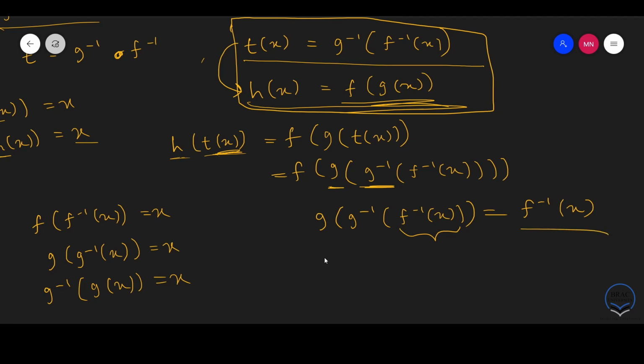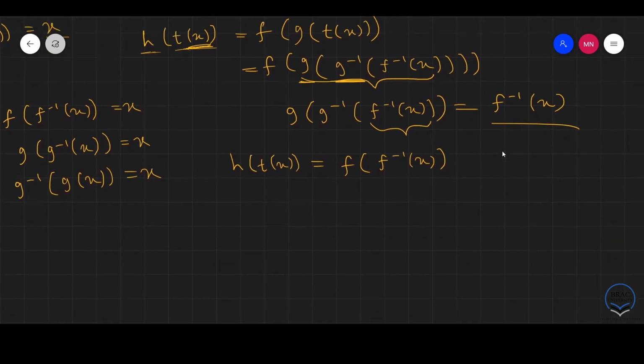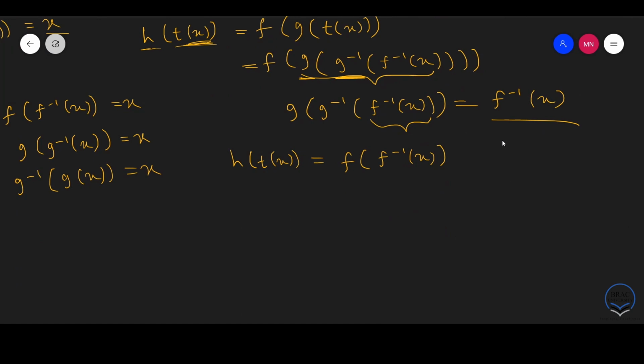Now we can just substitute it into here, right? So we have h of t of x is equal to f of f inverse of x, right? So once again, this is very obvious.